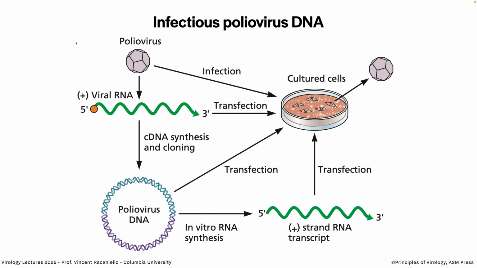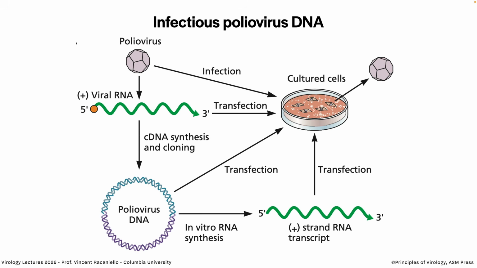Poliovirus is a plus RNA containing virus. If you infect cells, of course, out comes poliovirus. If you extract the RNA and introduce it into cells by transfection, it initiates an infectious cycle because it's plus-stranded, and as soon as the plus strand gets in, all the proteins are made that you need to replicate the virus.